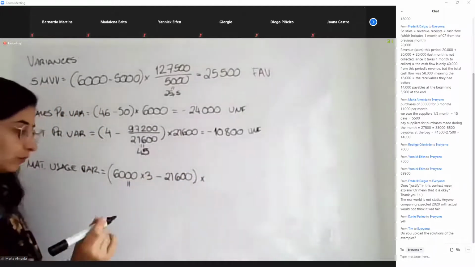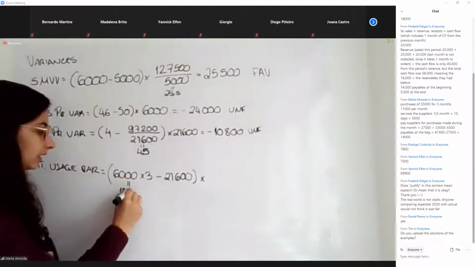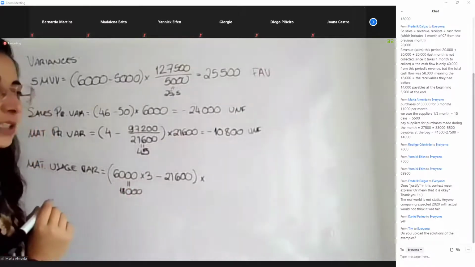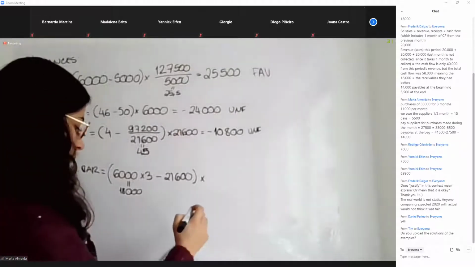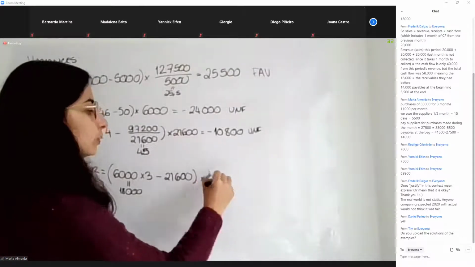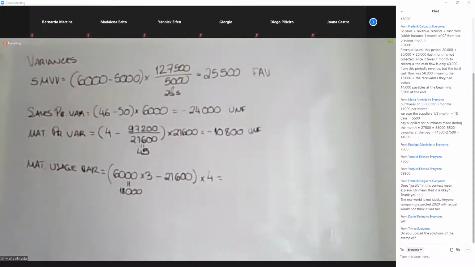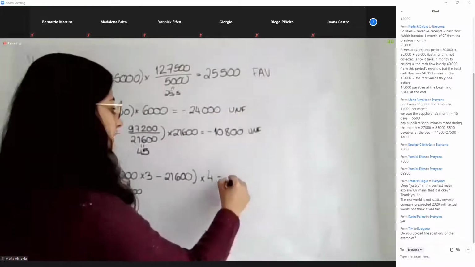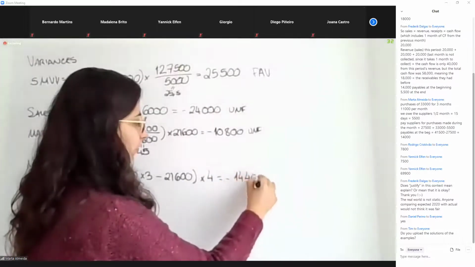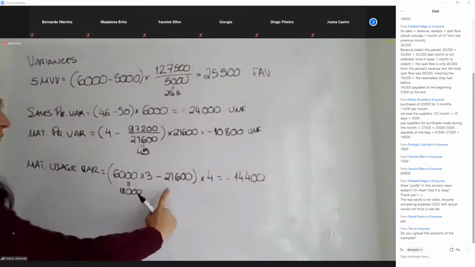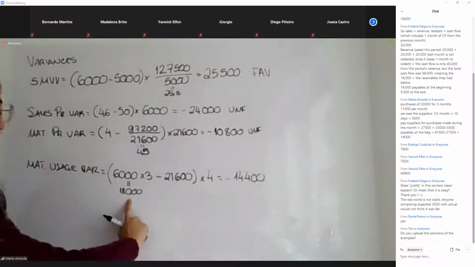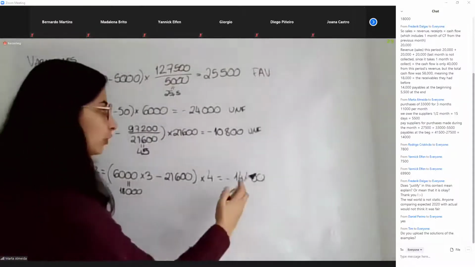We have done this before, this was 18,000 meters that we expected to use. This we multiply by the budgeted price per meter, which is £4, and it gives us minus 14,400, and obviously it is unfavorable. We used more meters than what we should have used if we were efficient.